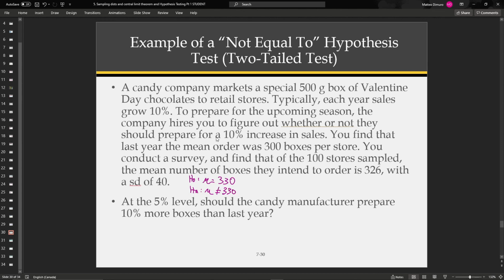So we're not saying that it's going to be necessarily less or more. We're just interested in, should we prepare for the 10% increase or not? So either the mean is 330, which is 300 plus 10%, or it's not that. That's why it's a two-tailed test.